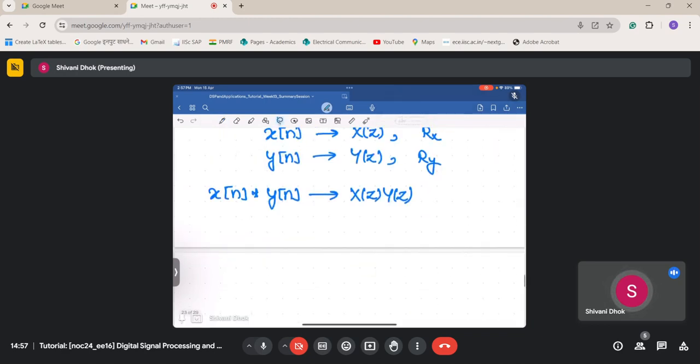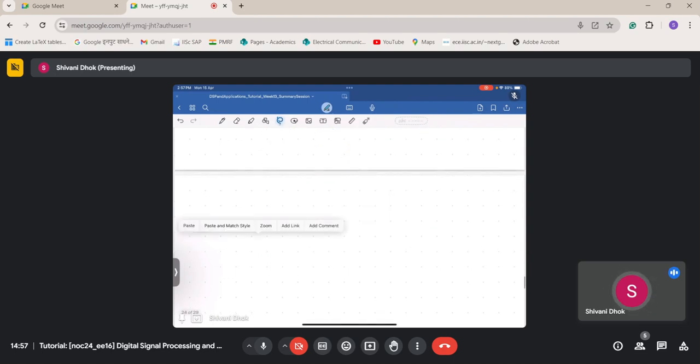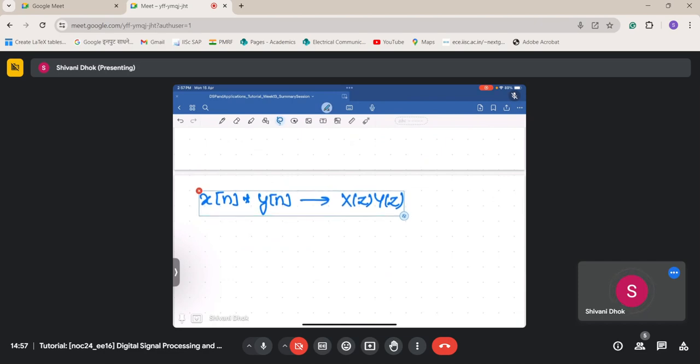So now again the same argument should hold true which we made in the linearity property, that this is valid for all the values of z that belong to Rx.